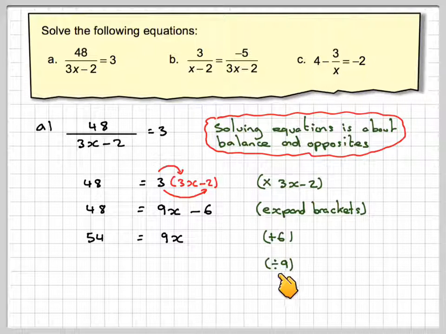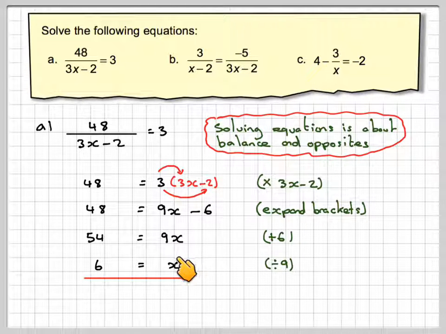So 54 divided by 9 is 6. And 9x divided by 9 is x. So just because the x has come out on this side, it does not matter. x is equal to 6. Notice we keep all the equal signs in a straight line in a column, therefore to imply balance.